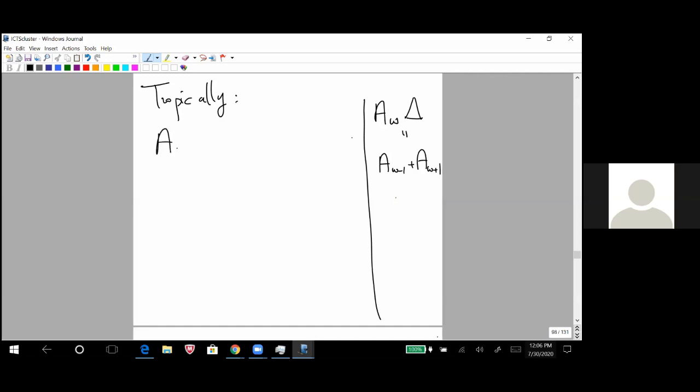It's just telling me that A winding plus delta is either equal to A winding plus 1 or A winding minus 1. Okay? And so that's what we're seeing here.